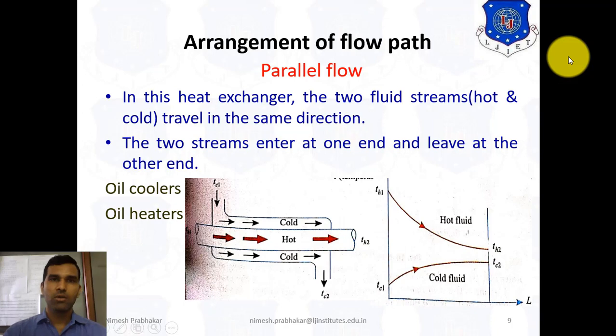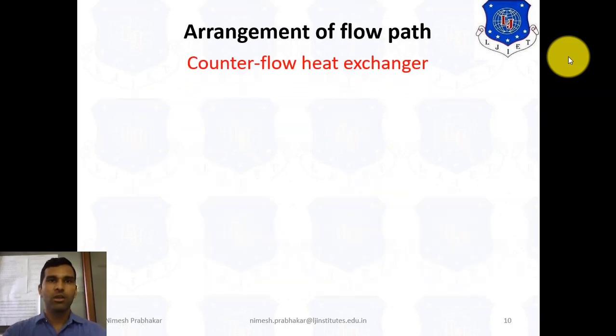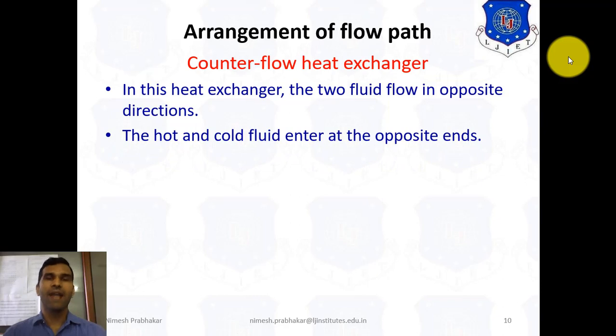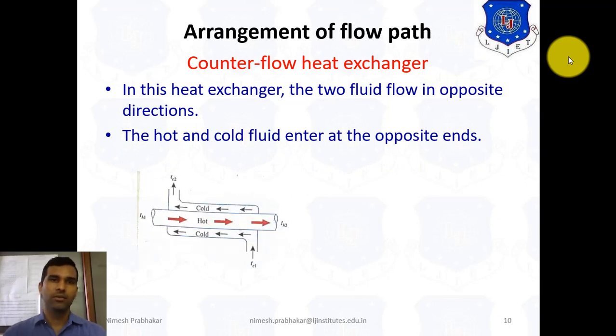Now the second type of arrangement of flow path is the counter flow heat exchanger. In this heat exchanger, the two fluids flow in opposite directions. The hot and cold fluids enter at opposite ends.